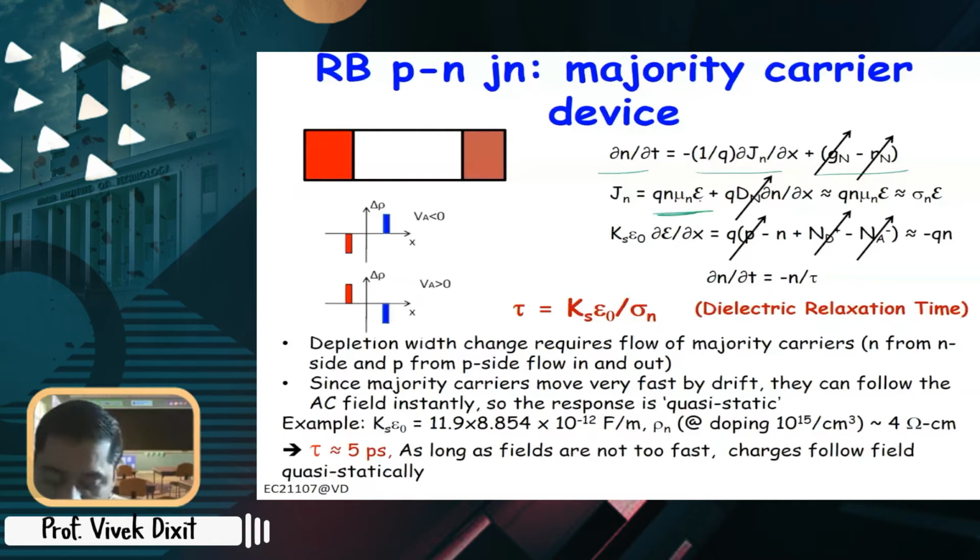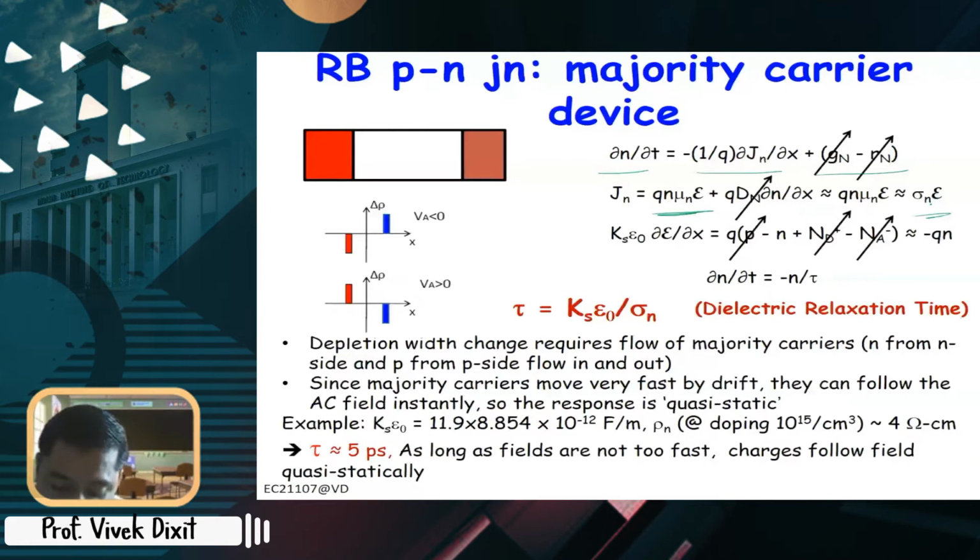So J can be written as sigma E, and then dJ/dx becomes sigma dE/dx. Now dE/dx you can approximate from the charge here.